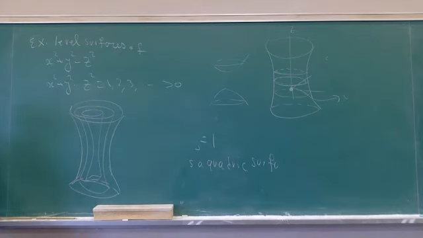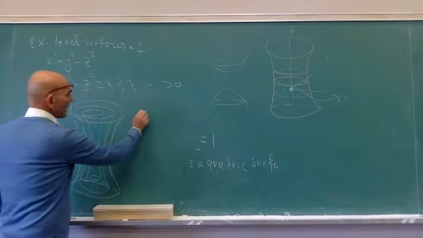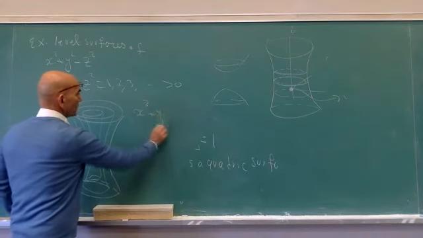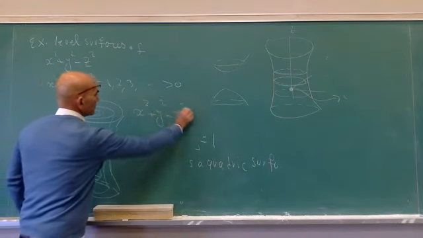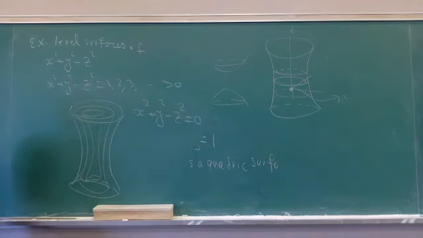But then at one point you have to deal with the case where this is equal to 0. There is a phase transition at that point. Something changes. You're not dealing with a hyperboloid of one sheet anymore.